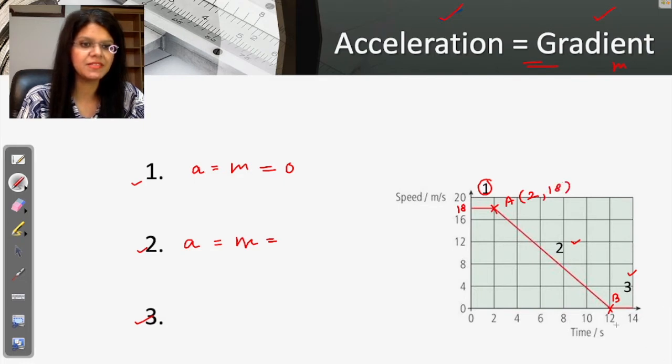What are the coordinates of B? B is (12, 0).